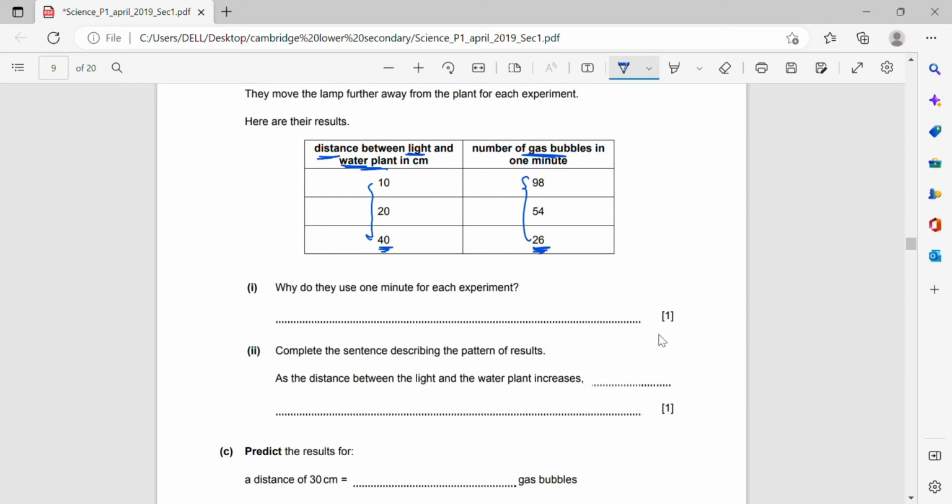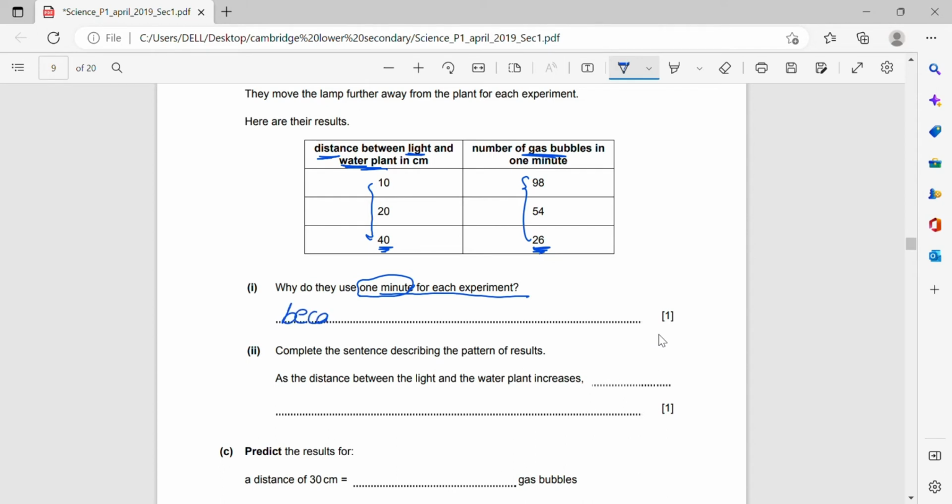Great. طيب. Why do they use 1 minute for each experiment? يبقى هنا في حاجة لازم يثبتوها to make the results more reliable. عملوا إيه؟ استخدموا 1 minute بس. يعني التايم هنا هو إيه؟ هو ال constant variable أو ال control variable، يعني ال variable اللي مش هيغيروه، ال unchanged variable. يبقى ليه they used the 1 minute for each experiment?